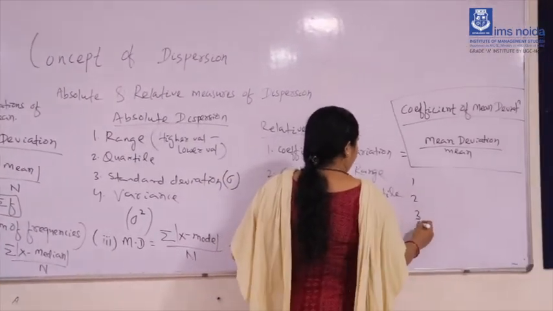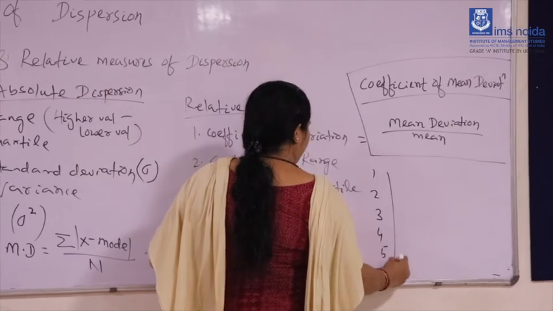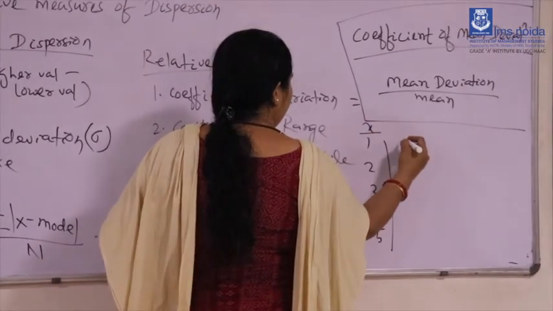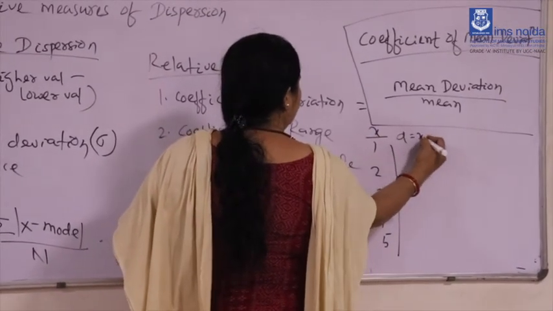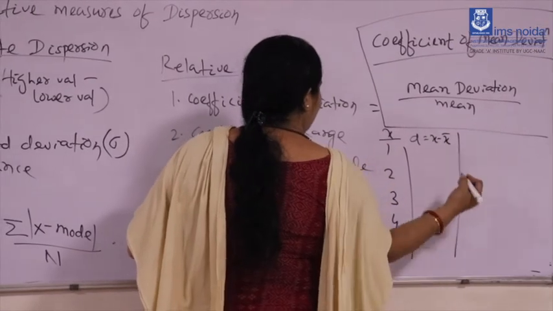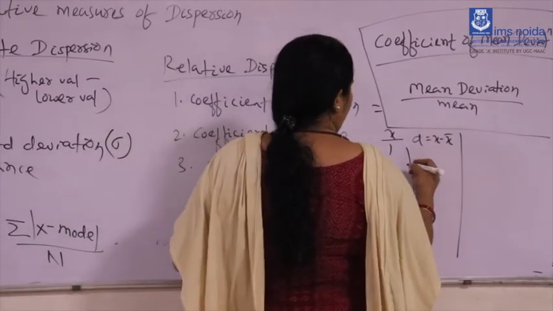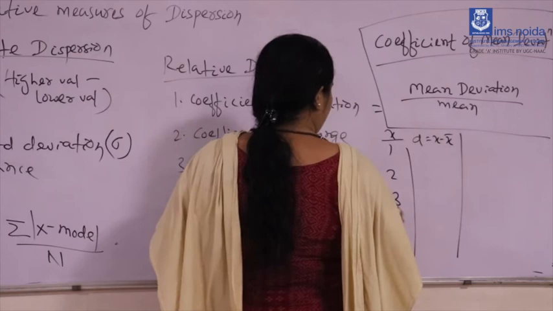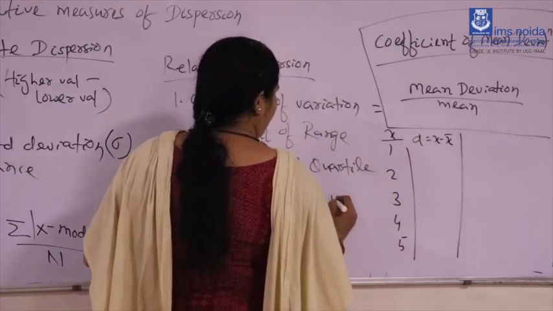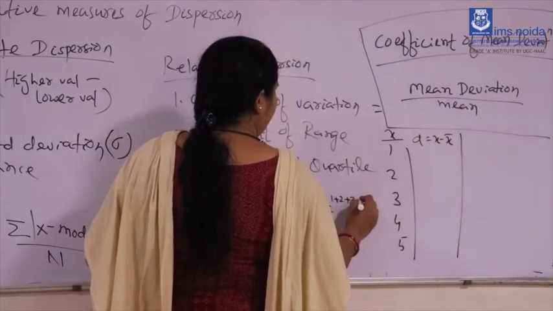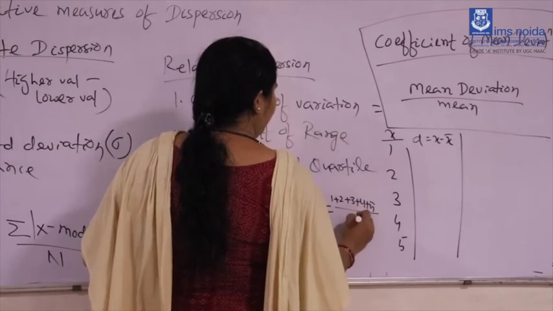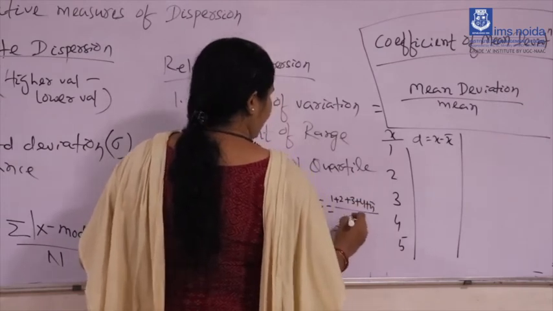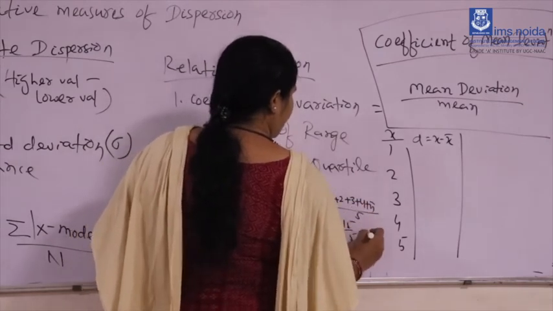These are very simple linear data, x, and then find the deviation, that is x minus x bar. You can calculate x bar: 1 plus 2 plus 3 plus 4 plus 5 divided by 5. That is 15 by 5, which is 3.